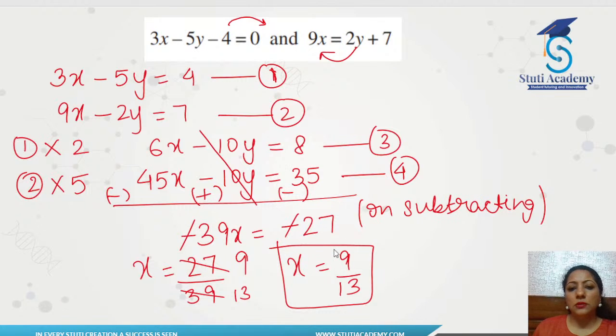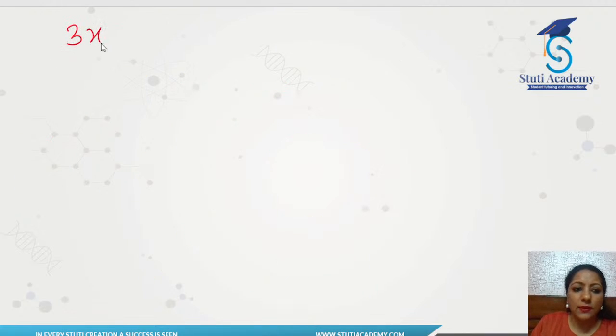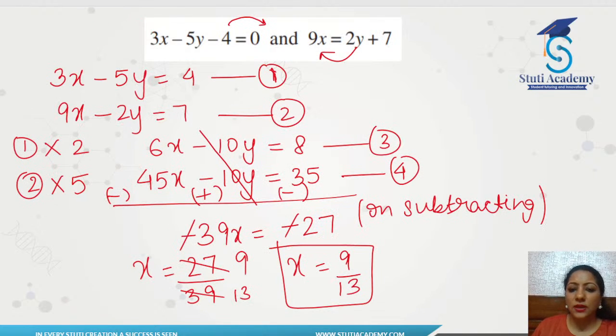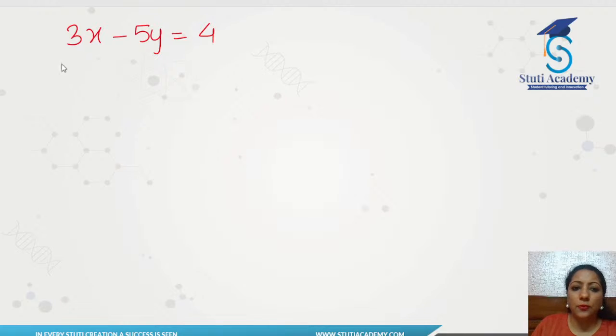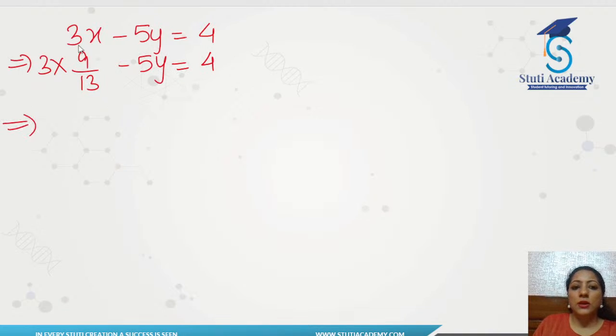Now this x, 9 upon 13, I can put in any of these equations. Let's say I'm putting this in the first equation. So I have 3x minus 5y is equal to 4, and x we know is 9 upon 13. So I'll replace x by 9 upon 13, minus 5y is equal to 4. Now let us solve this.